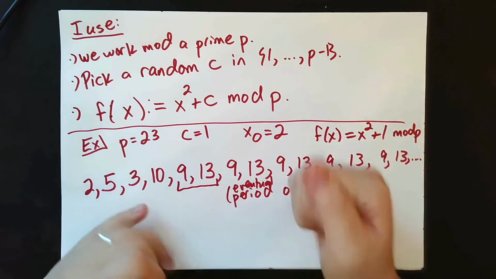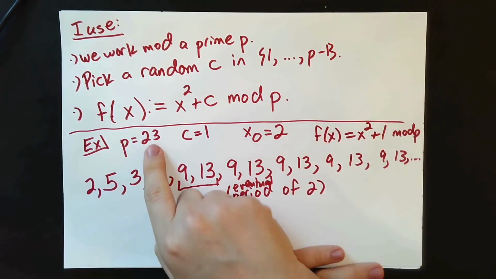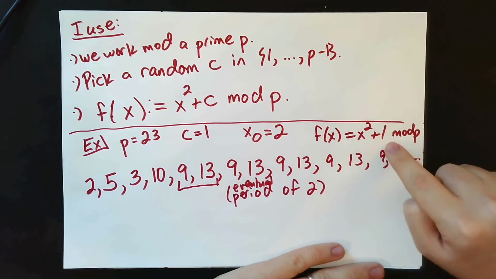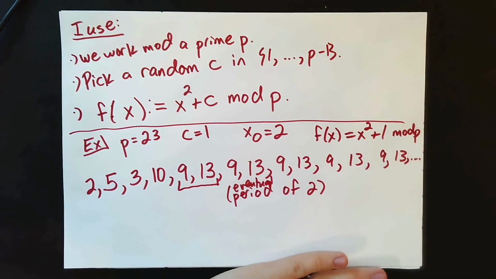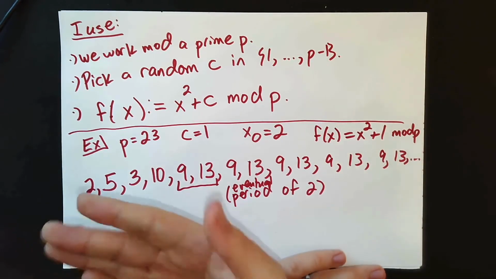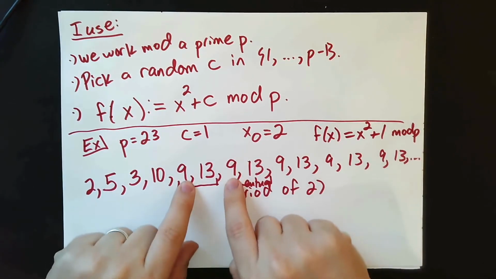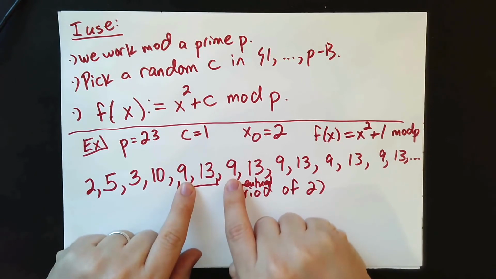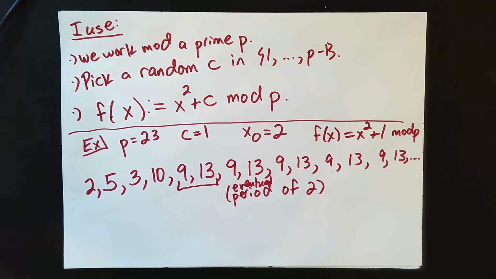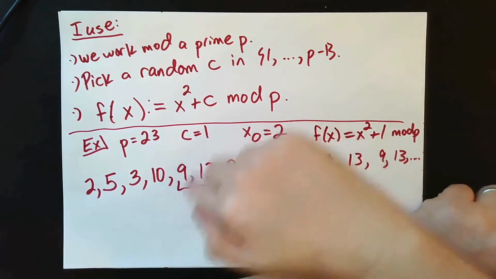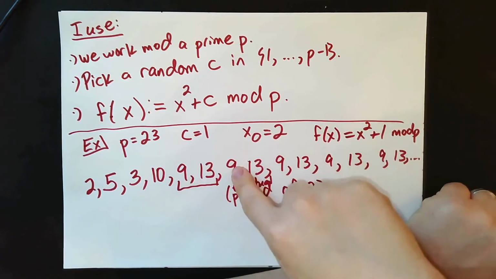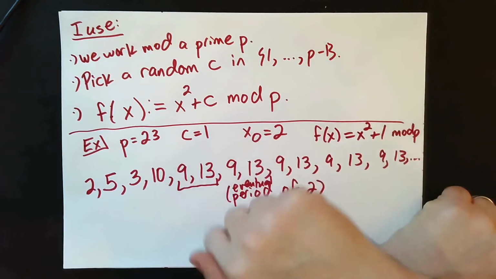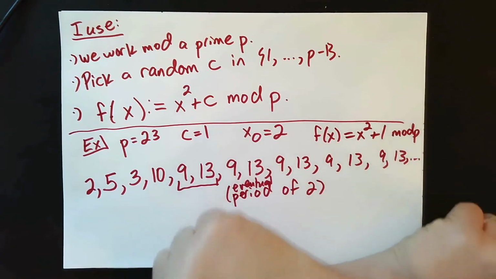Well, there's only 23 things that this function can be. And so eventually I have to repeat something. In this case, I eventually repeated the 9. But as soon as I repeat something, such as the 9, then I'm forced into this loop, because the second 9 is going to be followed by the same thing the first 9 was, and so on forever.